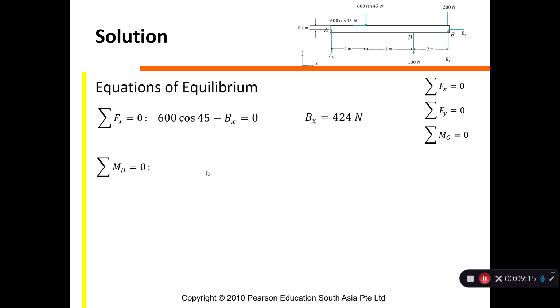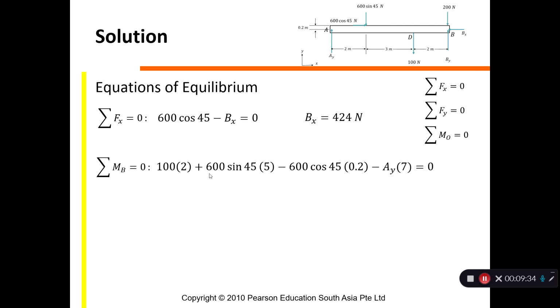So doing that, solving for forces about point B, we have this force, 100 newtons, times the length from point B, which is 2 meters, perpendicular distance, and it's acting counterclockwise, which is positive.